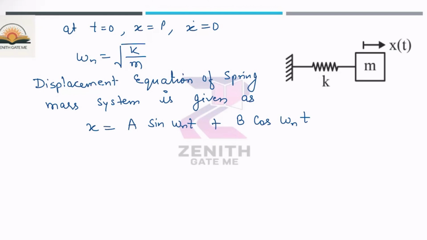Let me first put the value of ωn. So x is equal to A sin of root of k by m times t, plus B cos of root of k by m times t.